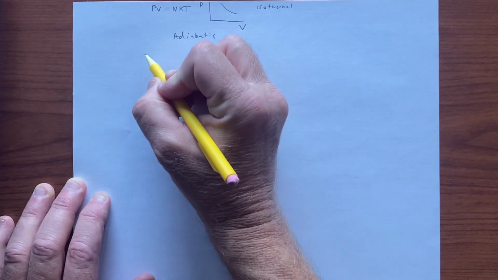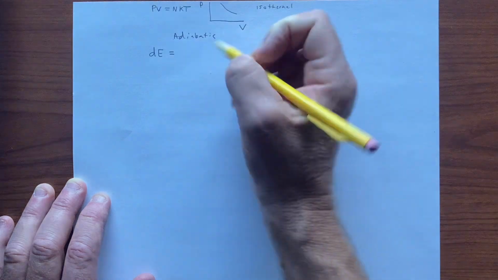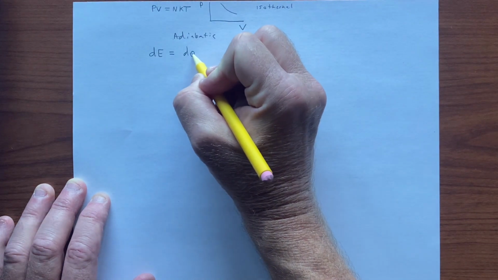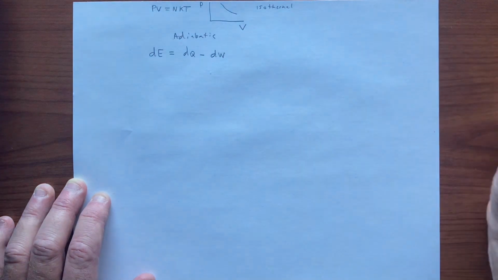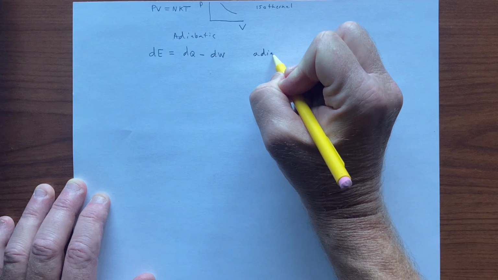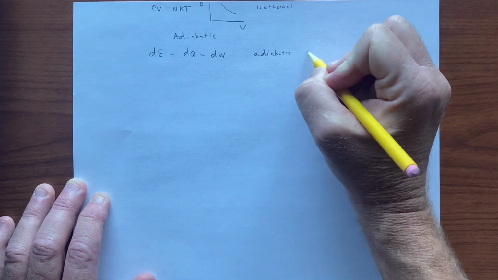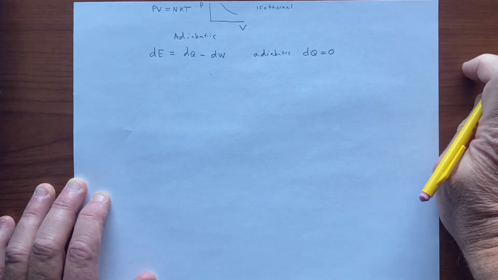So to do this, let's do the first law, dE is equal to dQ minus dW. And for an adiabatic process, we have dQ is equal to 0, right? By definition, that's what that is.